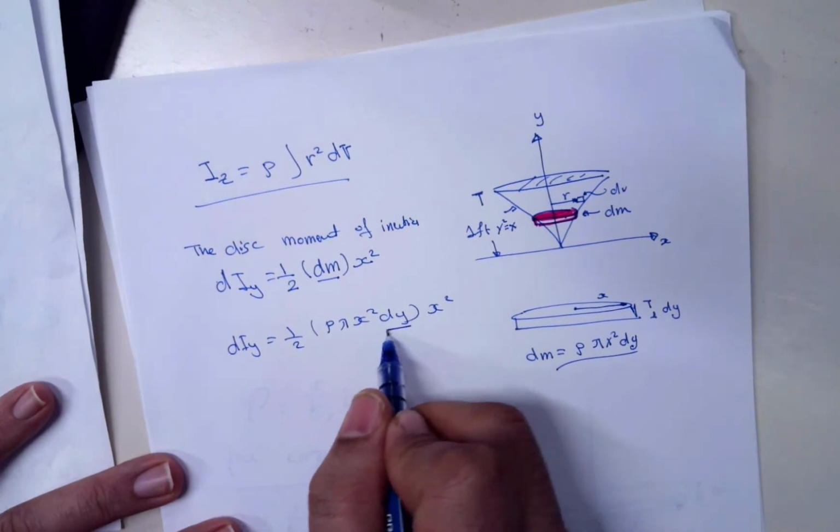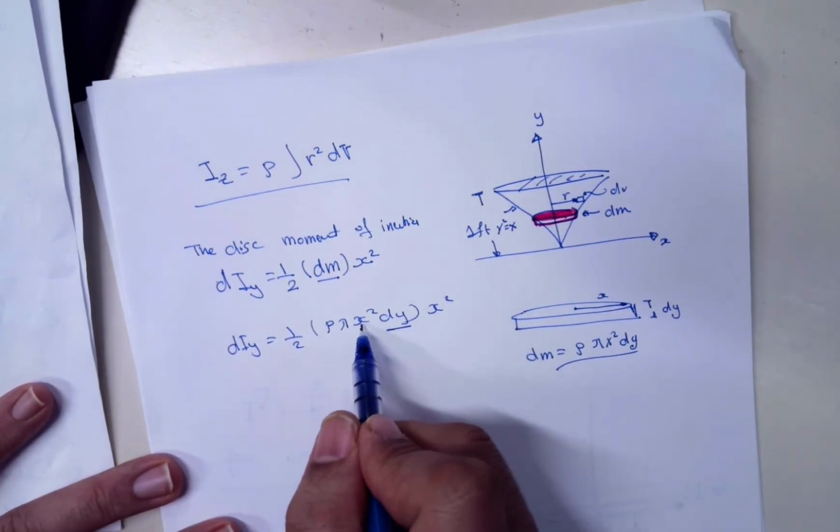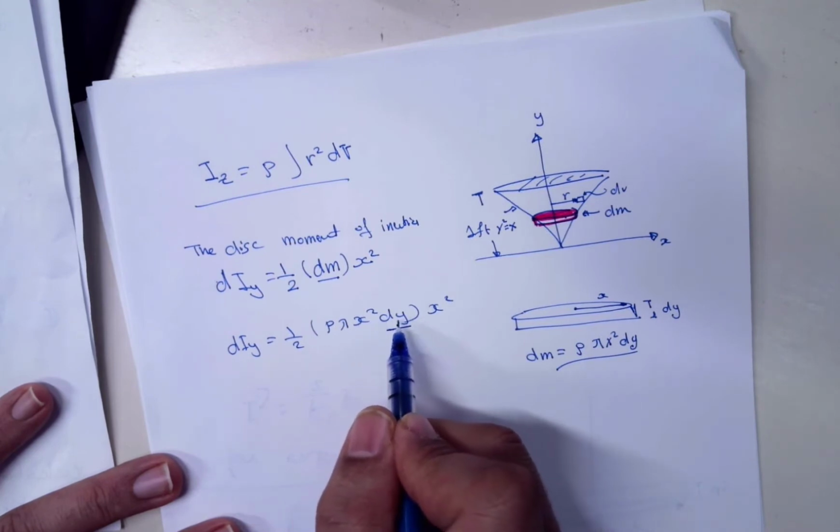Now everything is being integrated with respect to dy, so I need to convert x squared into y.